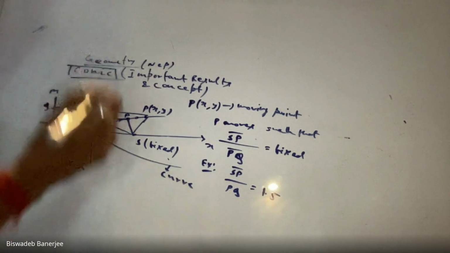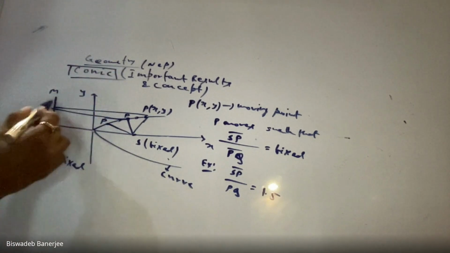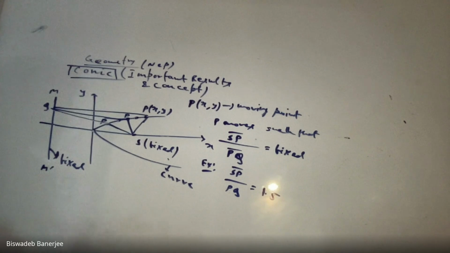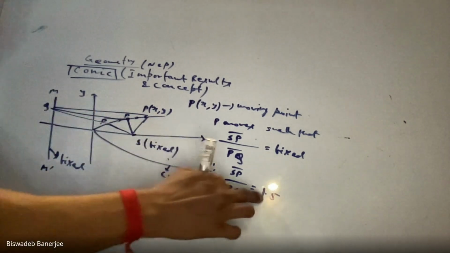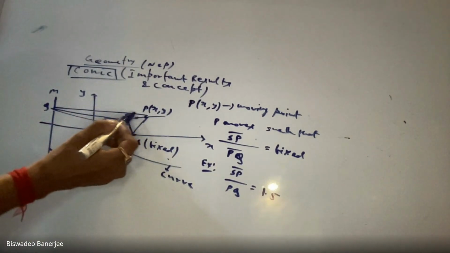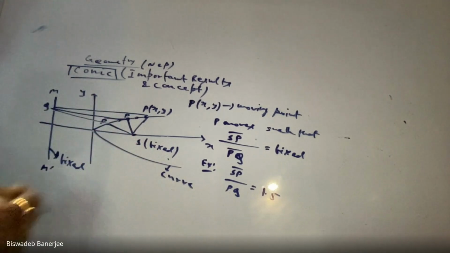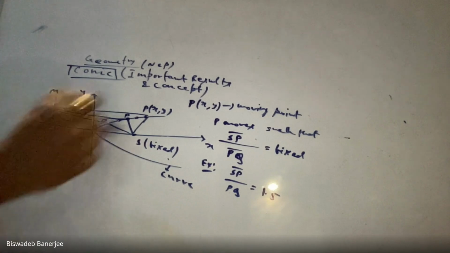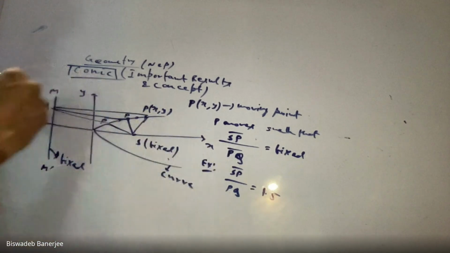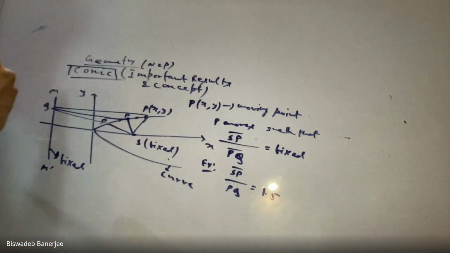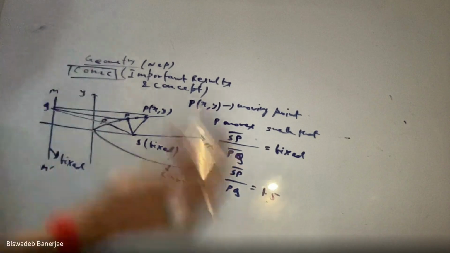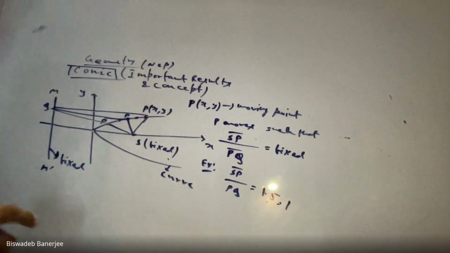If we take P here, the distance between S and P will be this, the distance between P and Q will be this, and the ratio SP by PQ is 1.5. That means, for any position of P, the ratio of the distances SP and PQ is always a fixed number. If the fixed number is 1.5, you can also take it as 1, anything that you want.